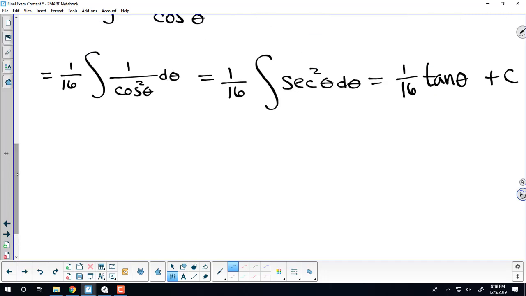So you've got the antiderivative in terms of theta, then you go back to your substitution. The theta represented our substitution: the sine of that angle was x over 4, so the opposite over the hypotenuse. Then we can find the other side of this triangle, so we can actually determine what the tangent of that angle is.